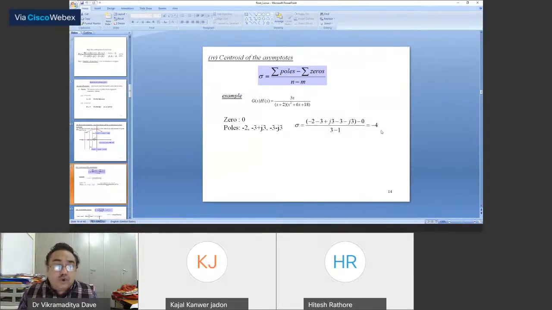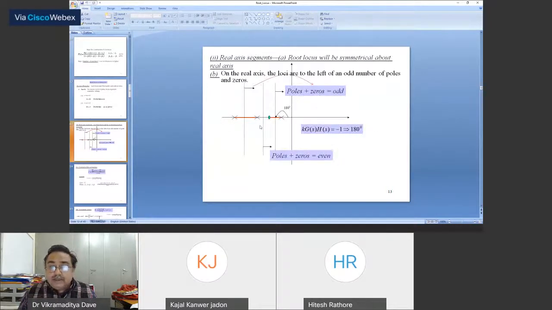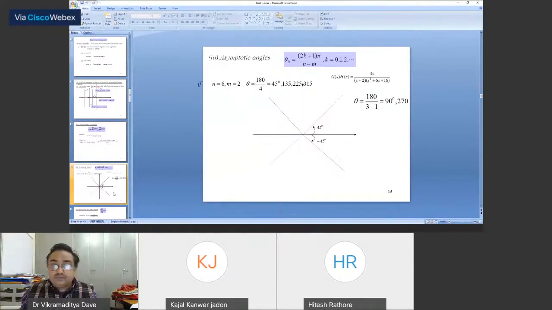So you have to locate a point -4 on the real axis. Suppose -4 is lying here. The other roots will start diverging from here, which will be more clear in the coming section.